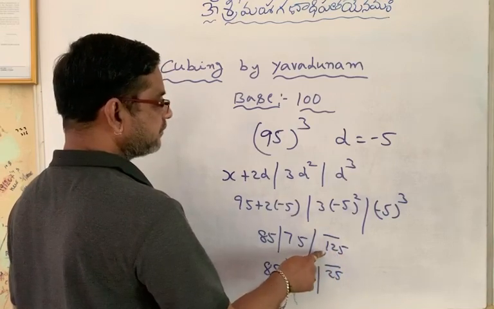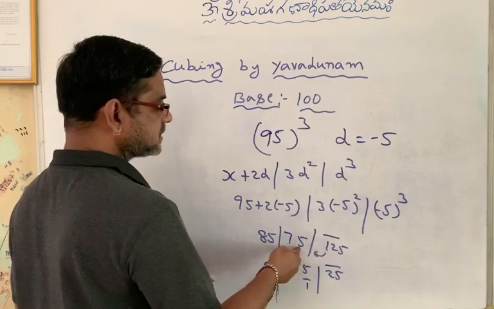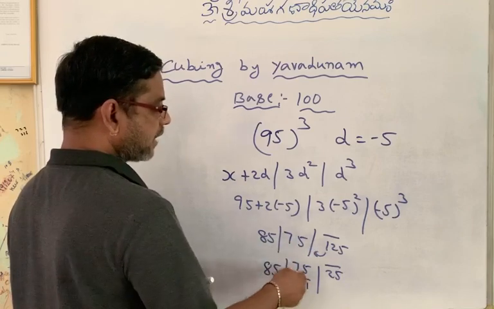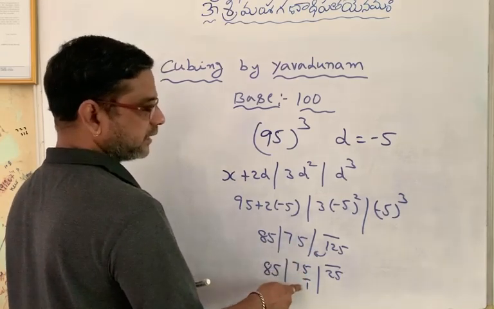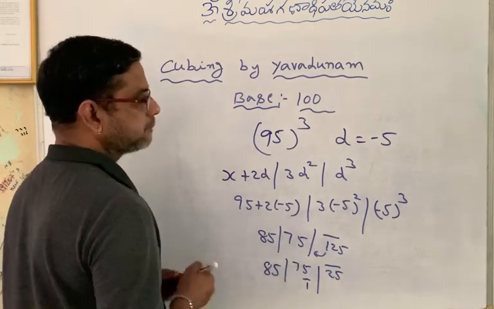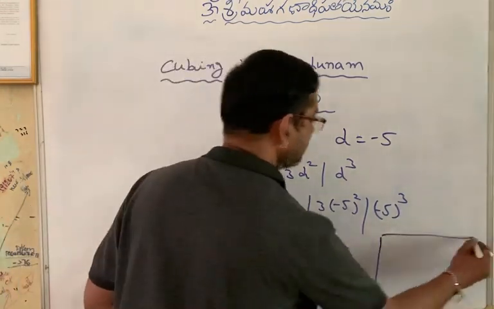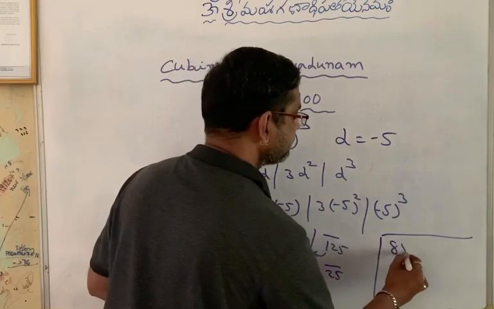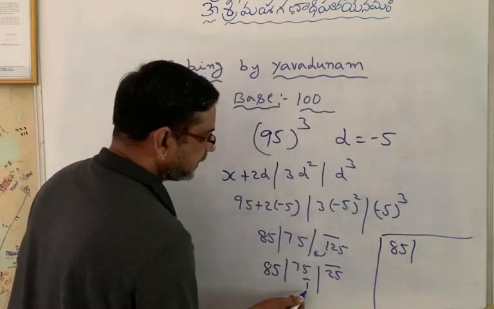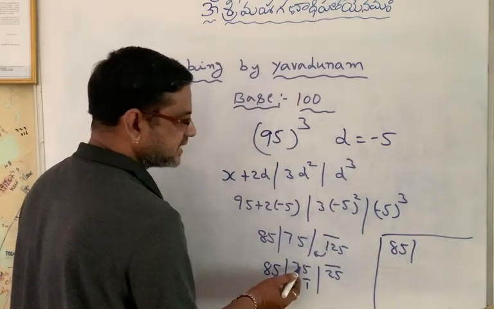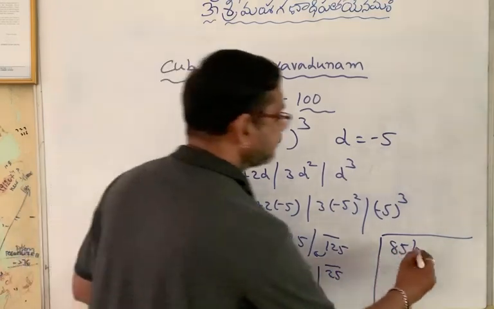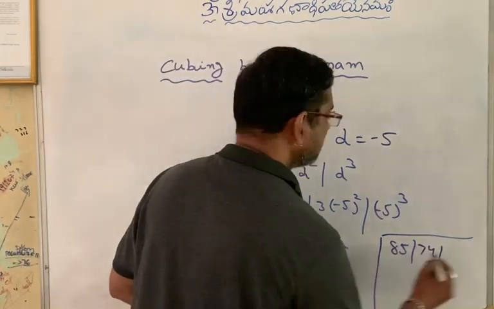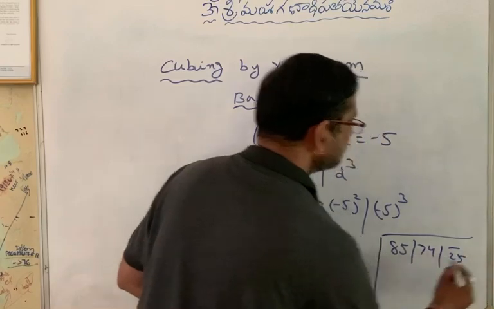So this bar 1 we have to carry to the second place. 75 plus bar 1 means 75 minus 1, so we get 85, then 74 and bar 25.